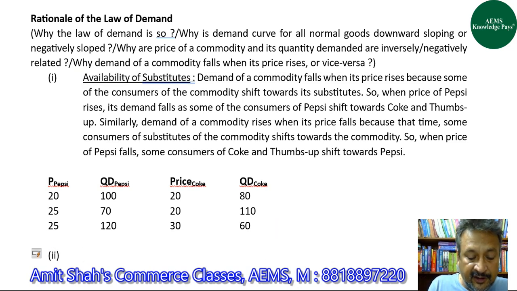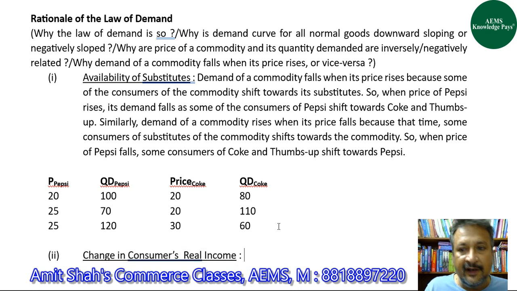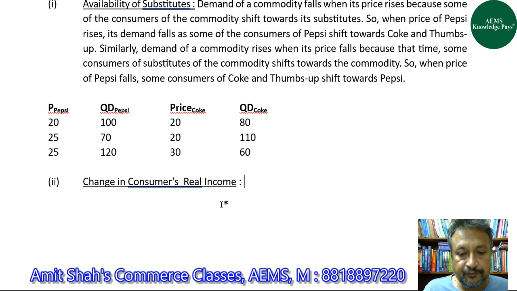The second point here is change in consumers' real income. Real income is the one which can buy you goods.